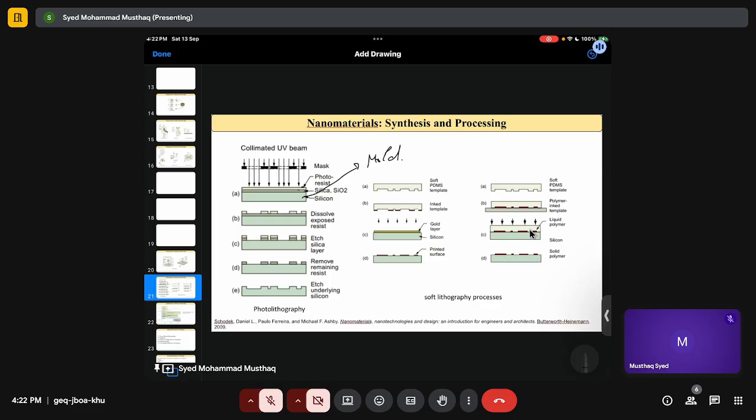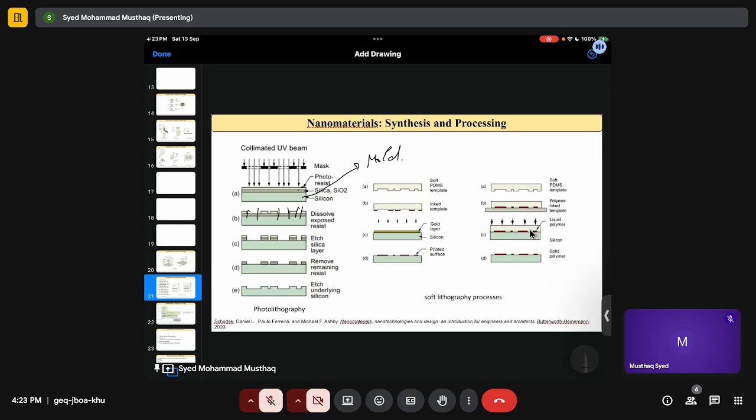The UV light will go through, and wherever the mask is not there, it will react with the photoresist. Then if you react with acids, whatever reacted will go away. Then the silica layer can also be etched with some acids. So this layer will be eaten away by acids.